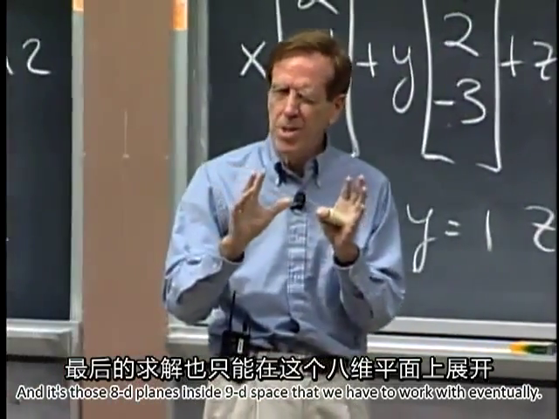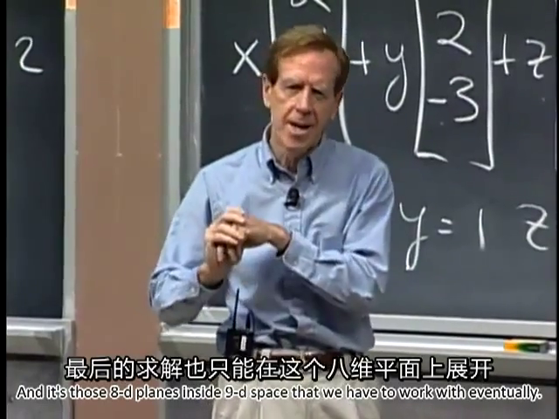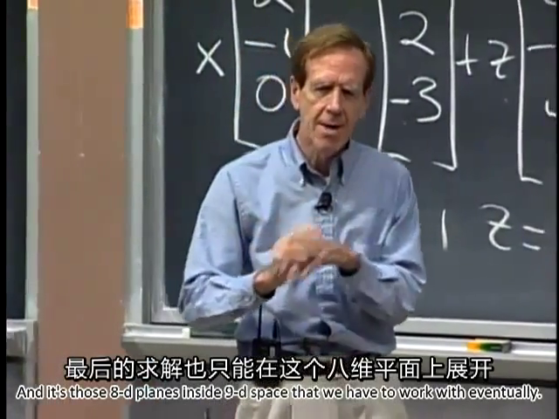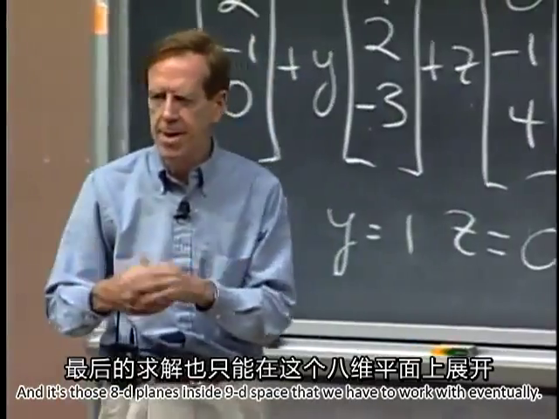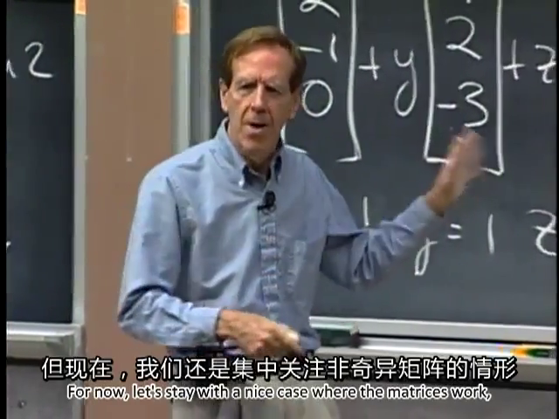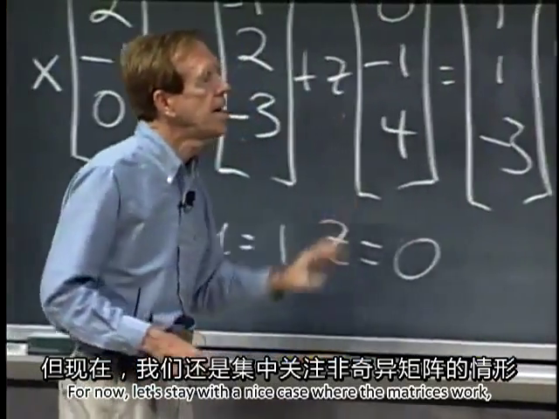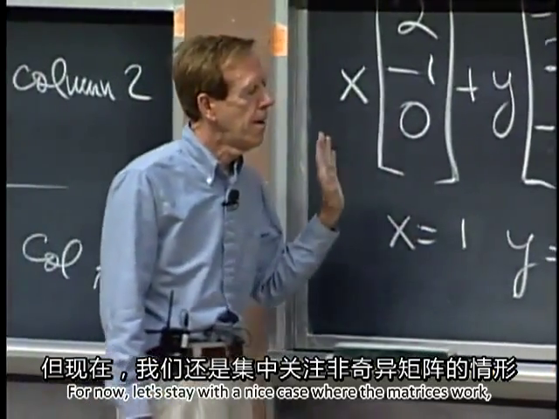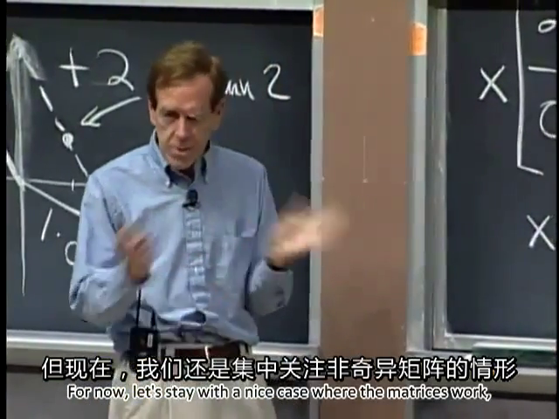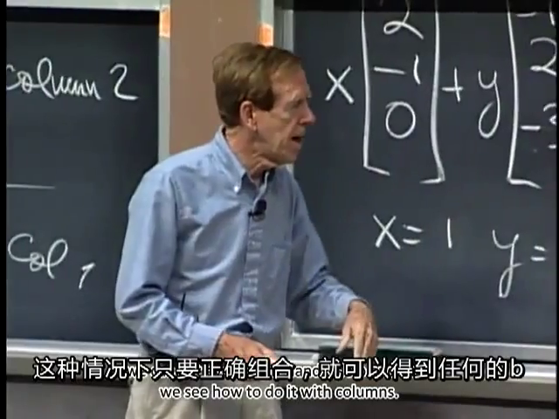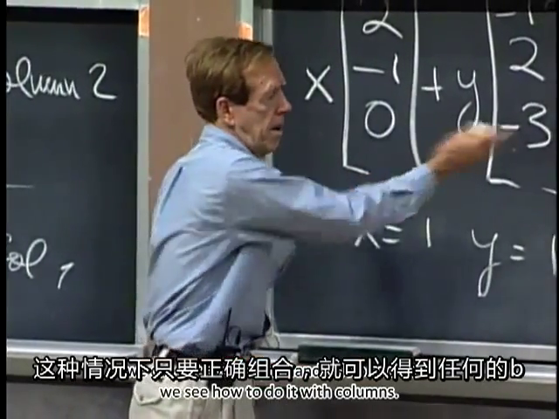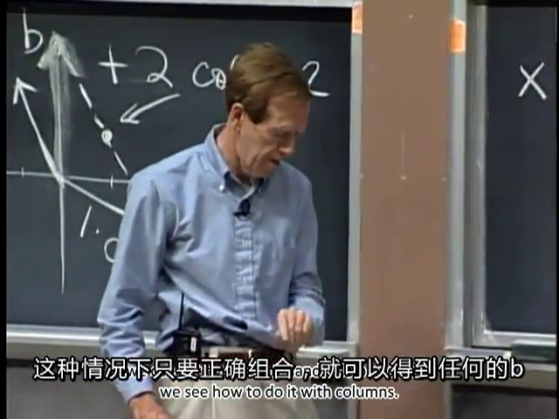And it's those 8-dimensional planes inside 9-dimensional space that we have to work with eventually. For now, let's stay with the nice case where the matrices work. We can get every right-hand side B, and here we see how to do it with columns.